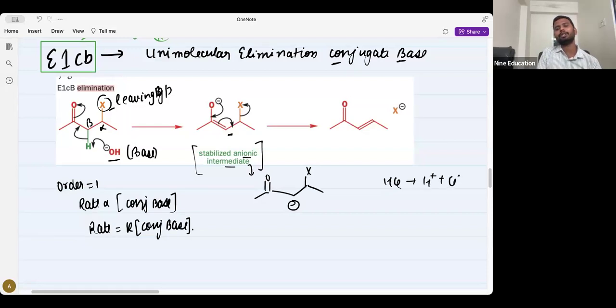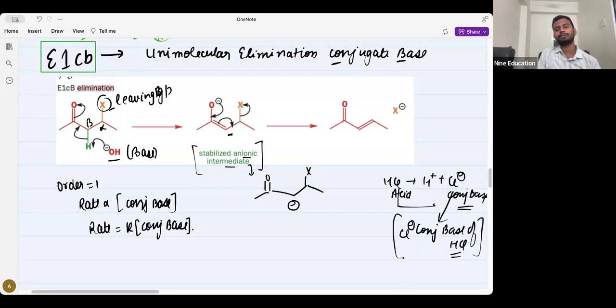HCl will give you H positive and Cl negative, but Cl minus is known as conjugate base of HCl, है ना. एसिड का क्या होता? कॉन्जुगेट बेस होता. So Cl minus is conjugate base of HCl. Similarly, this is the conjugate base, this is our intermediate.